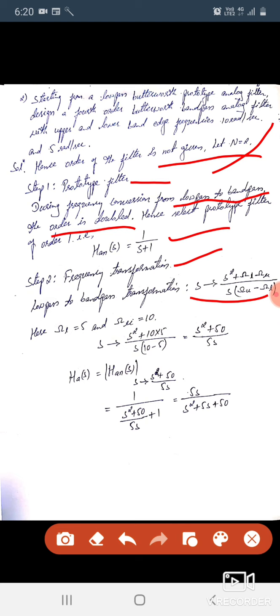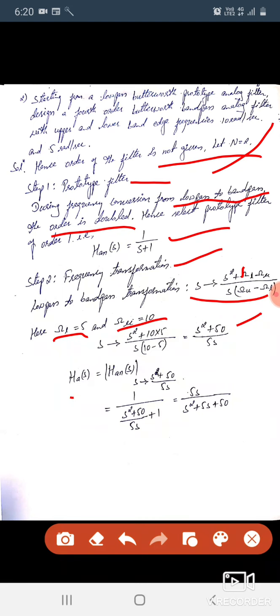Okay, low pass to band pass: S changes to (S square plus omega L times omega U) divided by S into (omega U minus omega L). We know omega L and omega U, the lower and upper cutoff frequencies for band pass. Just substitute here: (S square plus 10 into 5) divided by S into (10 minus 5). Then you will get (S square plus 50) divided by 5S.